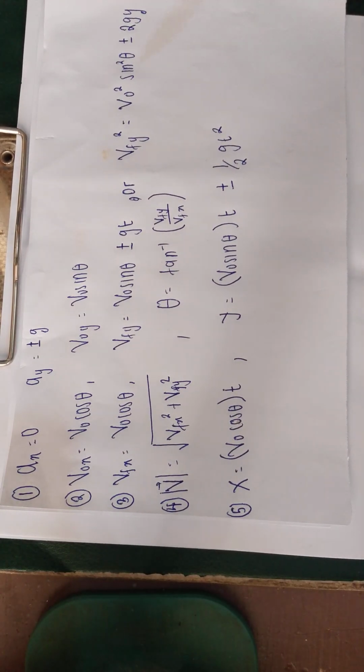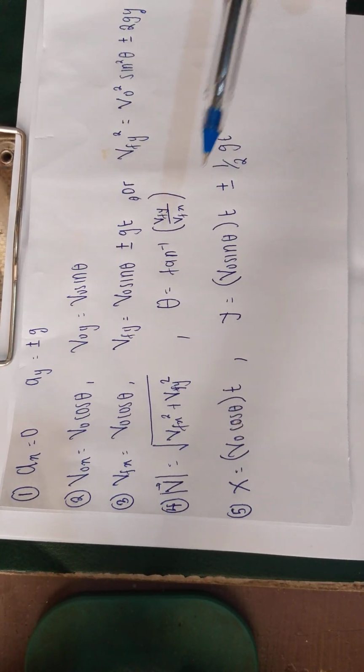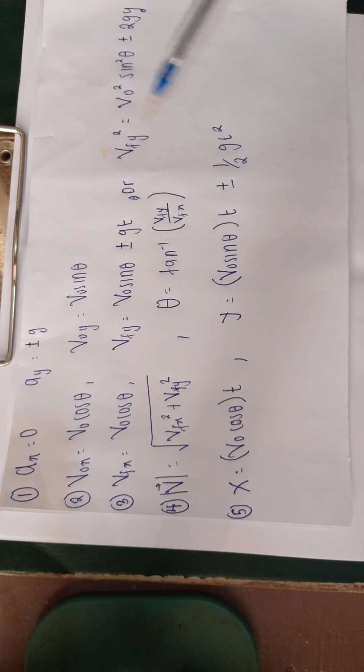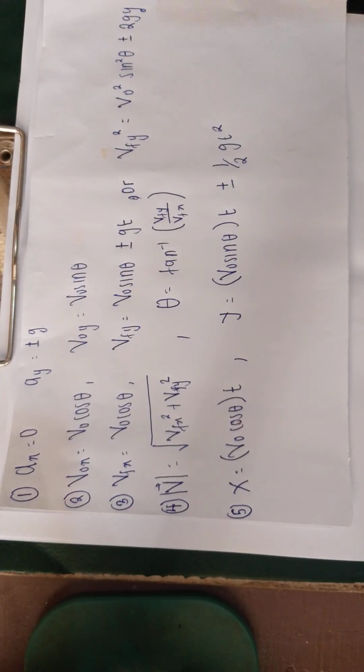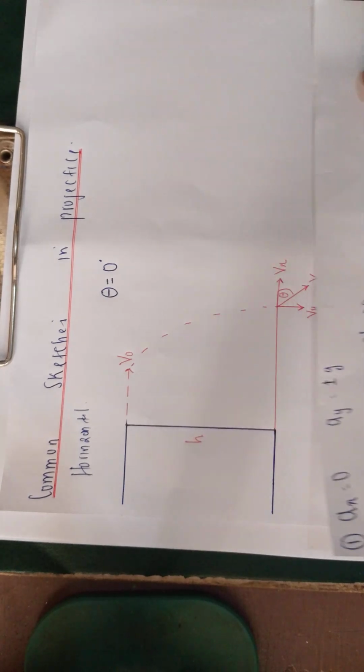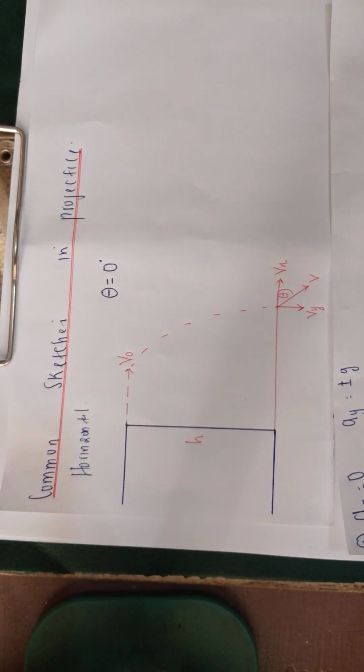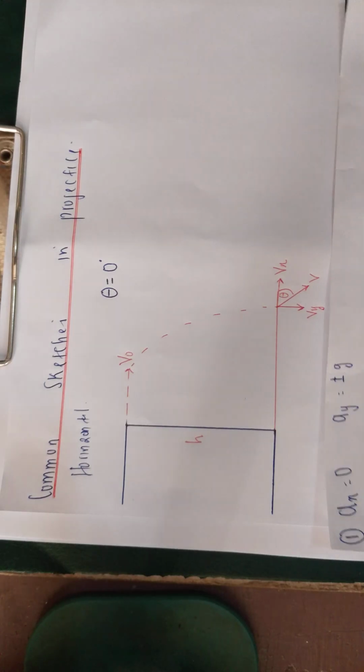That's why when you look at these equations here, we can modify them. Since we already know that our theta is 0, we're able to simplify some of these equations. Where there is theta here, we just replace in 0, so that we apply the same equations for horizontal projectile motion.